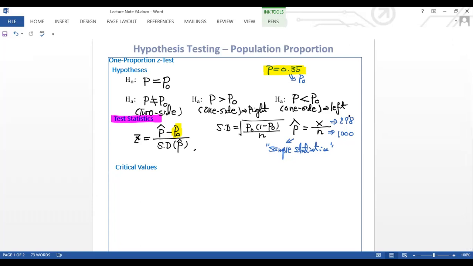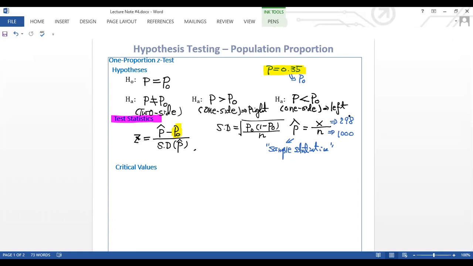So 298 over 1,000 is what we call the P hat. That is your sample statistic. You are testing whether 35% of the population are smokers, but your data tells you it is 0.298.